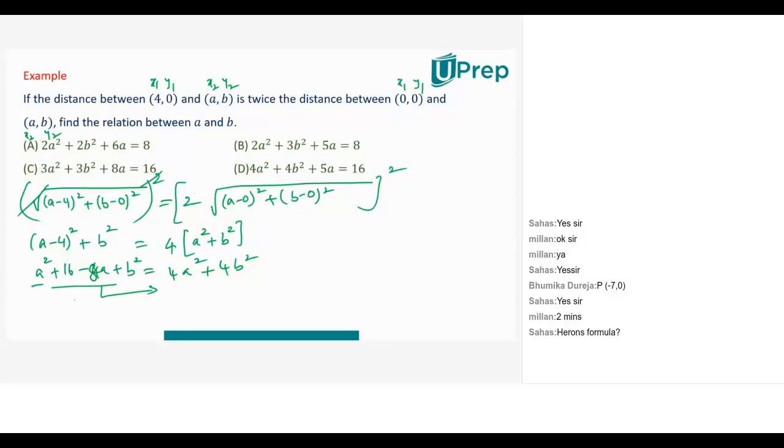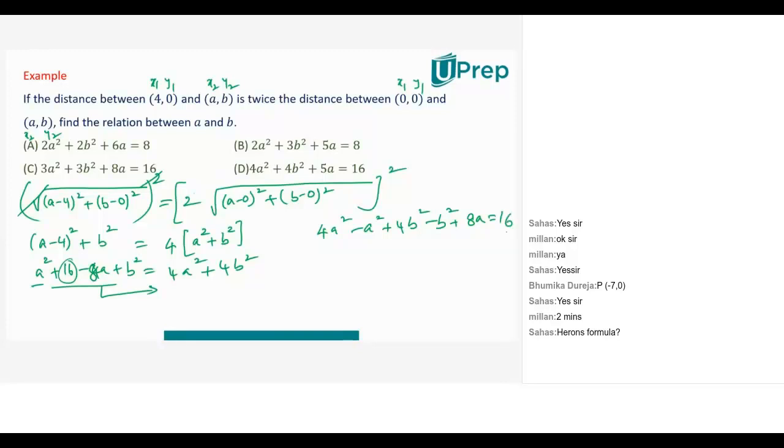Arnav says it's C. Bhumika also says it's C. Let me check it. That's my x1, this is my y1. A is x2, y2.